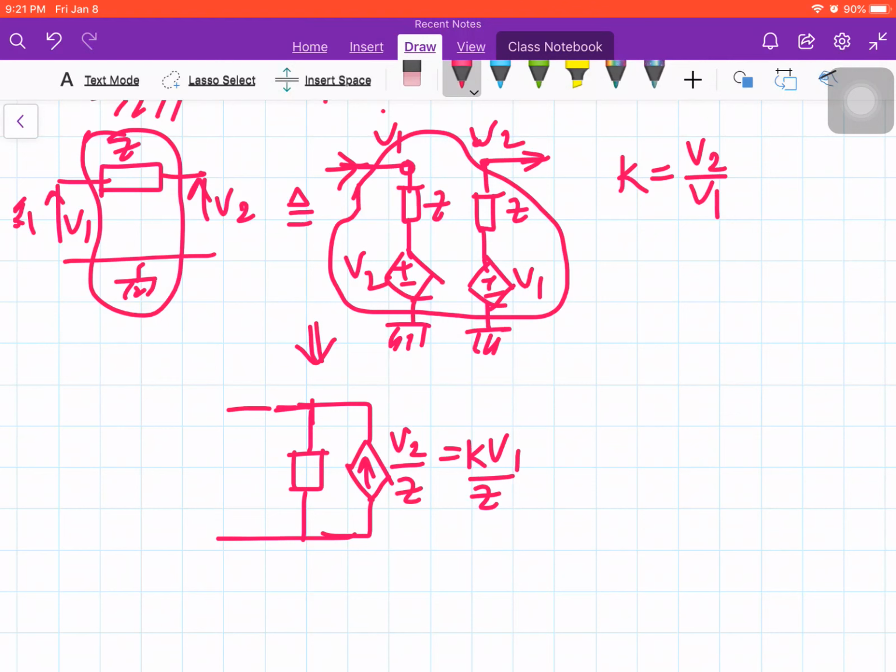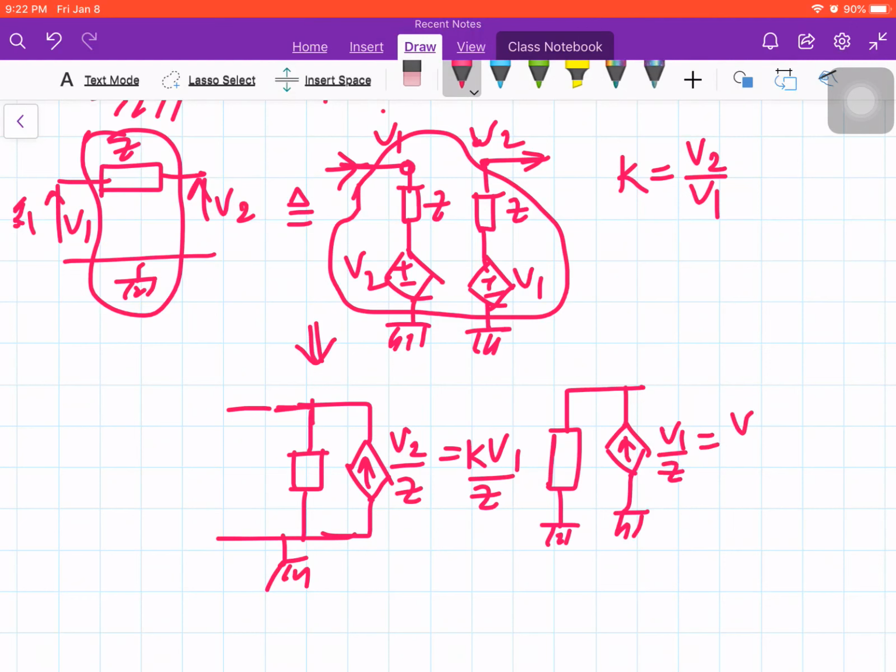And similarly the other part we can apply source transformation and represent it by V1 by Z is equal to V2 by KZ, right? This is V2, this is still V1.